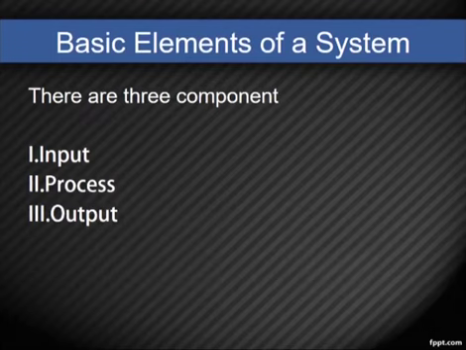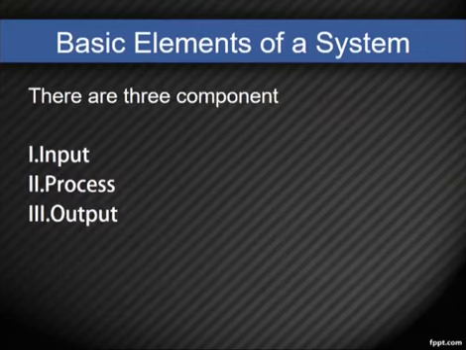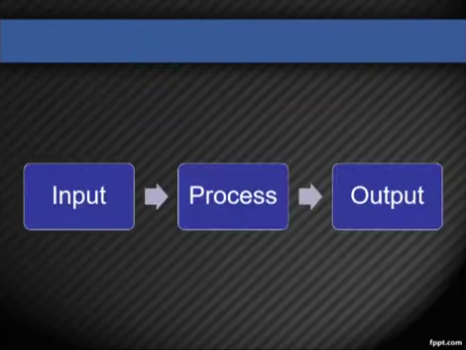So we'll say a system is a collection of components working together to achieve some goal. To achieve that goal, there is an input, process, and the output. Output is the goal. Here we can have the input, process, and the output.